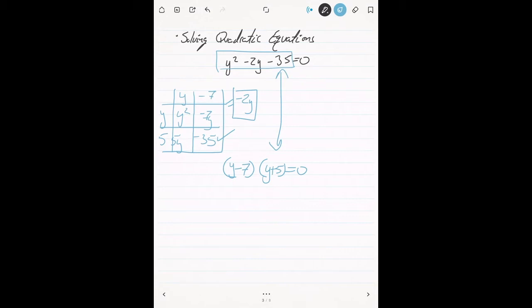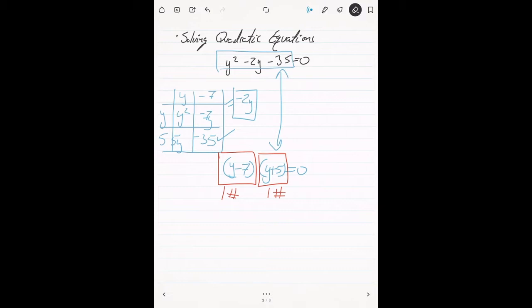Remember, anytime we dealt with factors, we dealt with one thing multiplied by another thing. These are two separate factors. These are each one individual thing. Think of it like that, right? Whatever I plug in for y, I'm going to have one number and another number right here, okay?